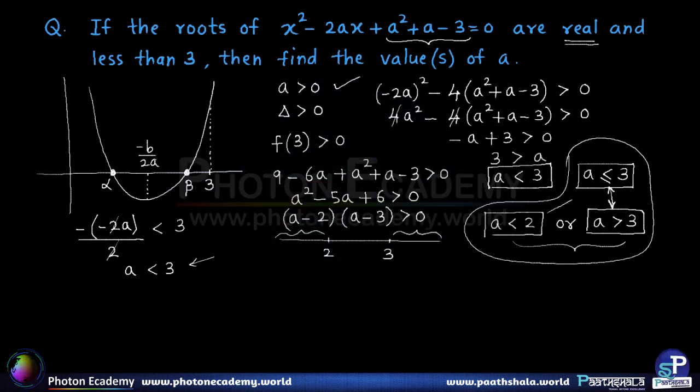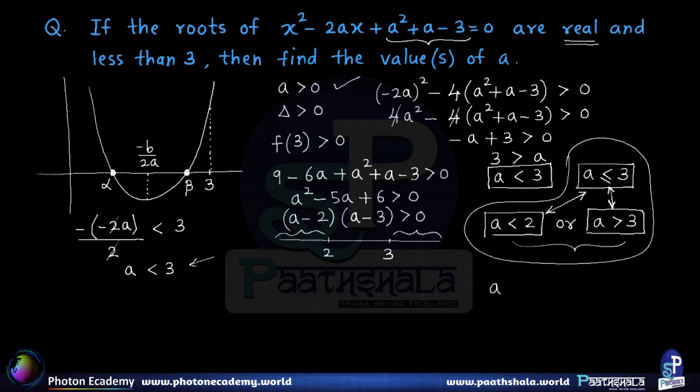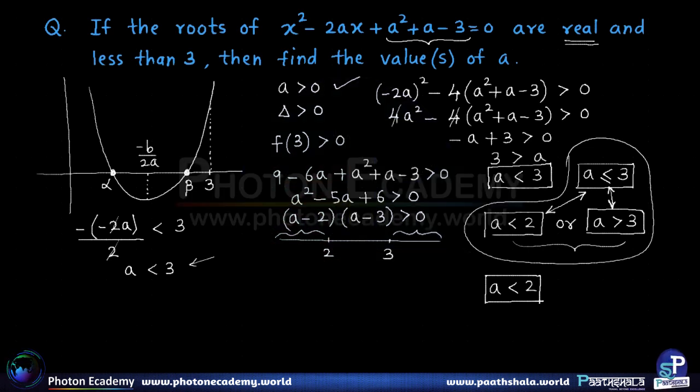So that means we are left with only two conditions, as a should be less than or equal to 3 and a has to be less than 2. So therefore, merging both of them, we have the final condition that a must be less than 2. That's the condition which satisfies all the restrictions in the given problem. So therefore the answer is a should be any value less than 2. Let's move ahead to the next question now.